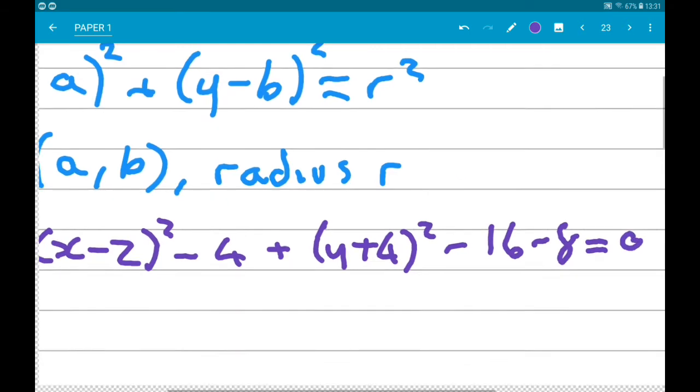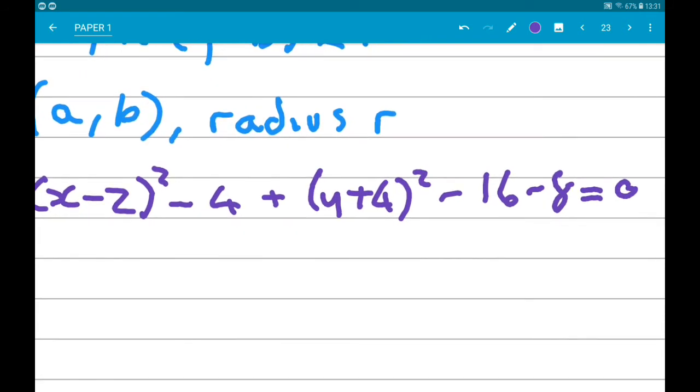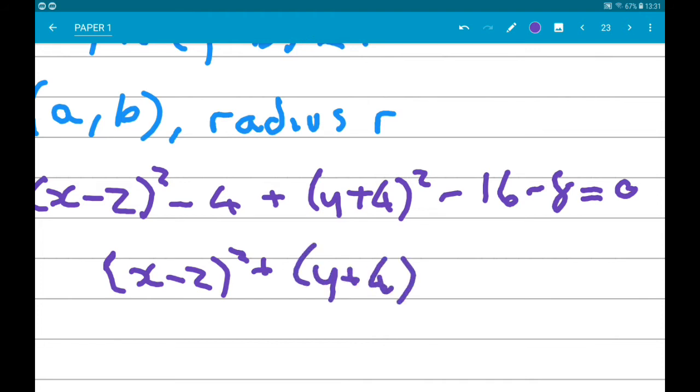So we've then got (x minus 2) squared add (y add 4) squared is equal to 28.